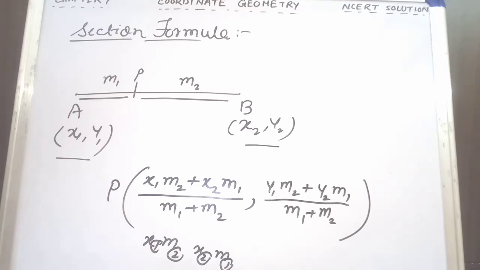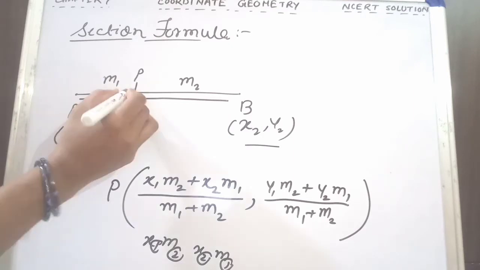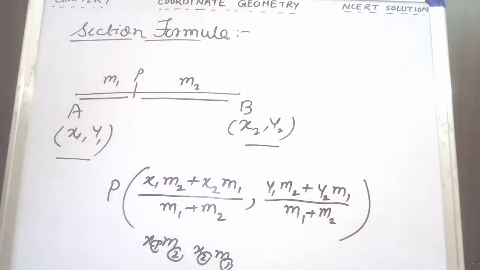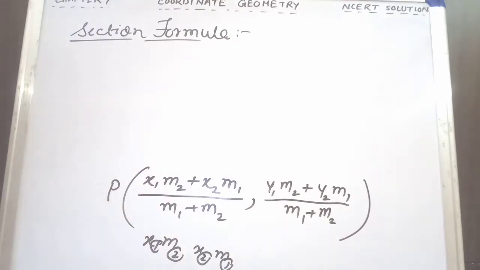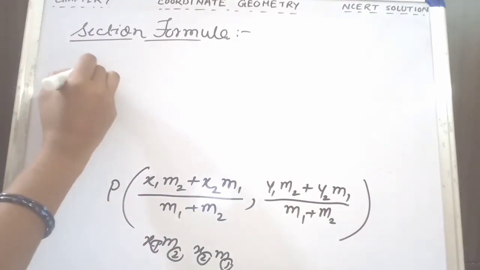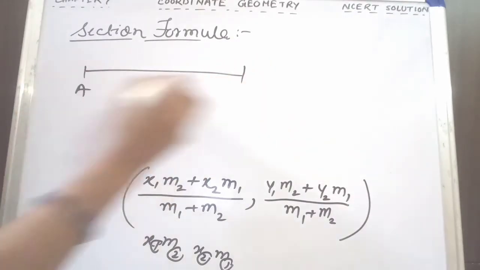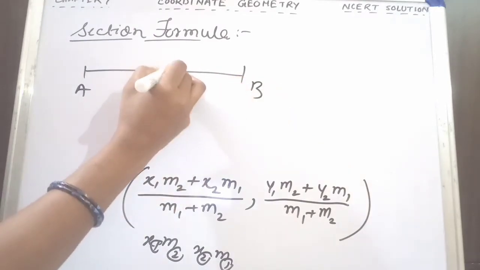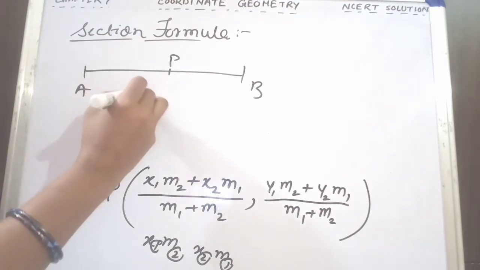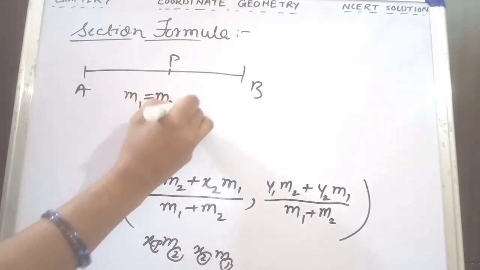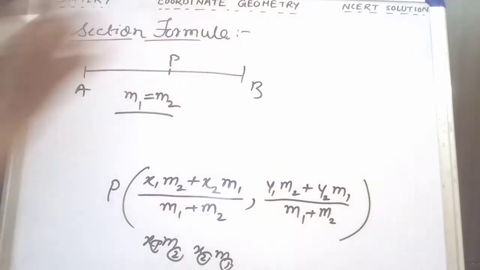Now, a special case: when P is the midpoint of the line segment AB. Suppose this is the line segment AB and P is its midpoint. In this case, M1 is equal to M2, because AP is equal to PB.